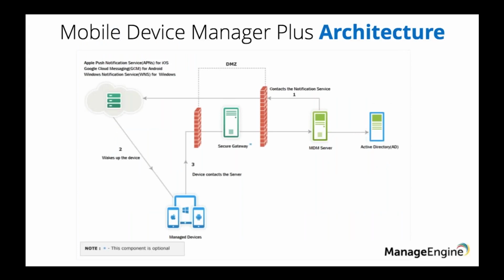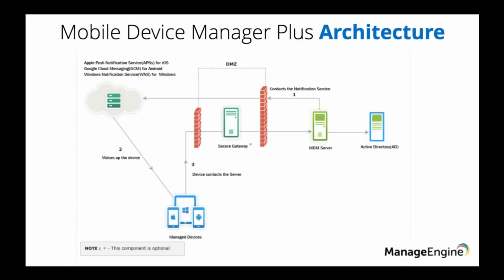Let us understand the MDMP architecture. It provides you with a wholesome idea about how the product actually works. As you can see, there are 3 important components in this architecture, namely the MDMP server, the notification services, and the managed devices. As you can see, the MDM server doesn't directly contact the managed devices.